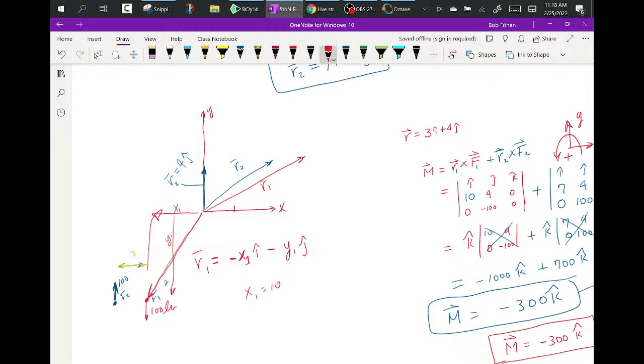X1 could be 1,000,000. For that matter, we could put in 1,000,000, but I'm just going to carry it as a variable. This time R2 is going to be, what is it going to be? Minus x1. Going to be slightly further back to the left, minus, now y1 is still the same.